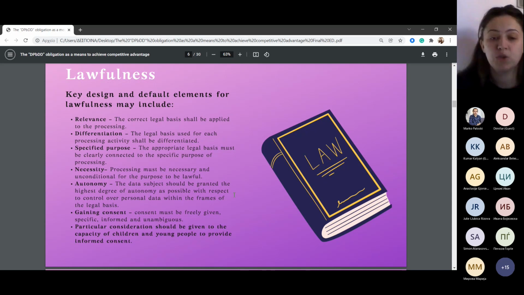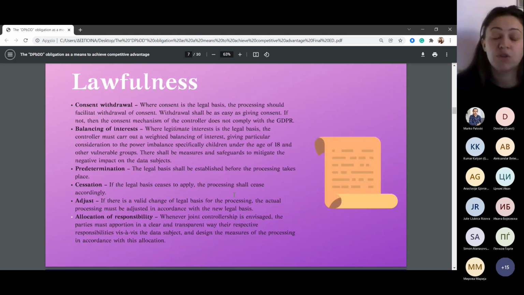Particular consideration should be given to the capacity of children and young people to provide informed consent. Also, consent withdrawal is very important. Where consent is the legal basis, the processing should facilitate withdrawal of consent. Withdrawal shall be as easy as giving consent. If not, then the consent mechanism of the controller does not comply with the GDPR.